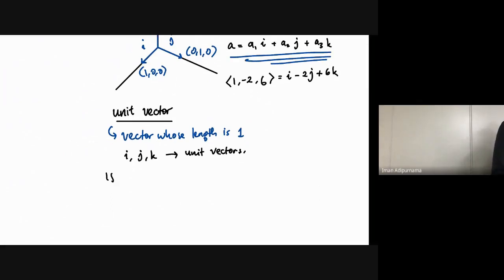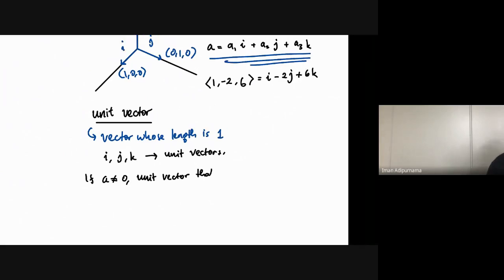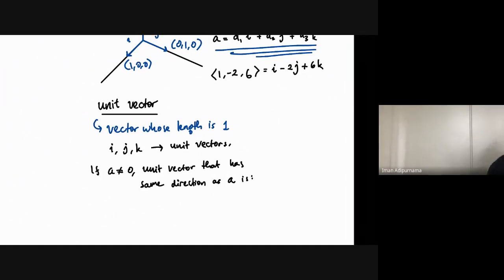And in general, if the vector A is not equal to 0, the unit vector that has the same direction as the vector A itself is, let me use the other term, let's use U as the unit vector.